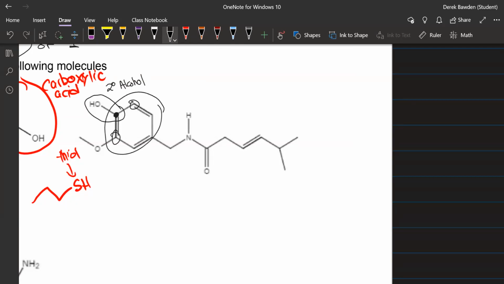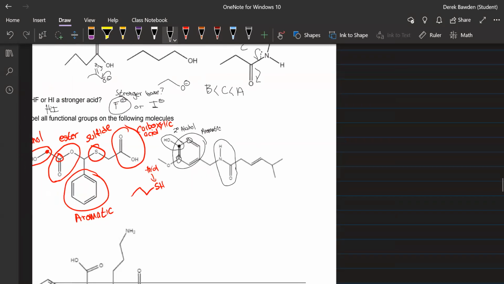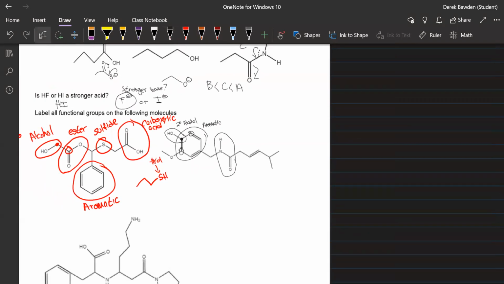Let's see, in the chat we had aromatic, perfect. And we had an amine, perfect. Okay. What makes this one an amine and not an amide? Oxygen. Yeah, because there's a C double bond O there, right?